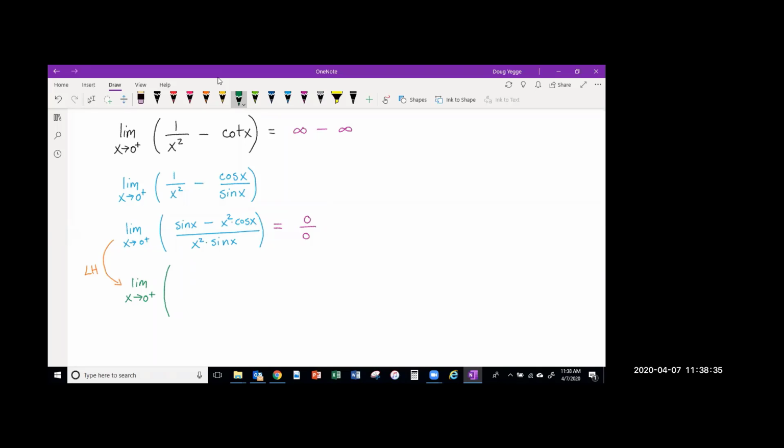The derivative of sine x is cosine x, and minus, now we take the product rule. It gives us the first times the derivative of the second, plus the second times the derivative of the first.